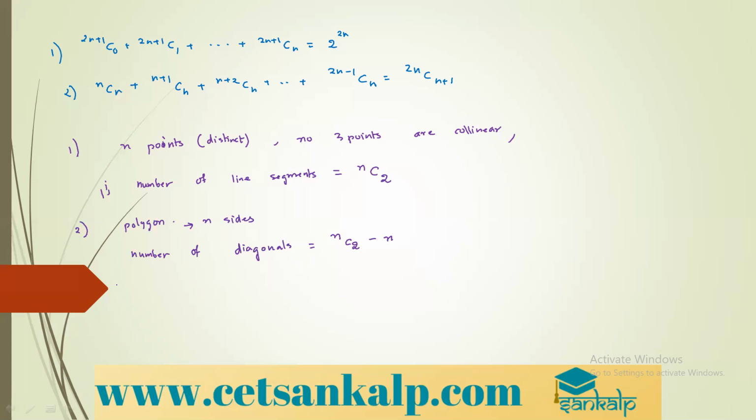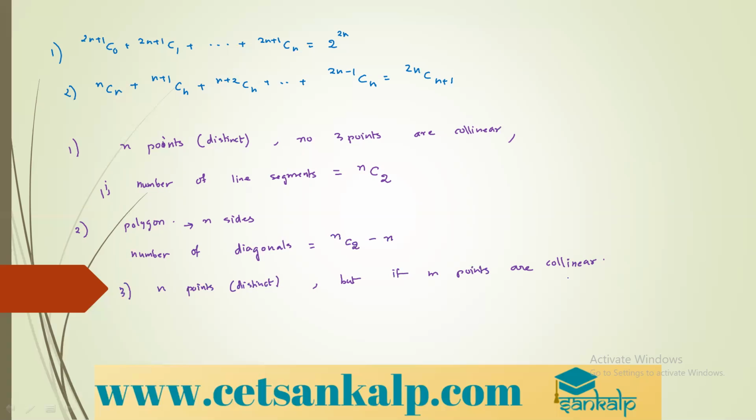Okay, in other case, there are endpoints which are distinct. Different endpoints are there. But out of these, if m points are collinear, out of these n points, a few m points are collinear.